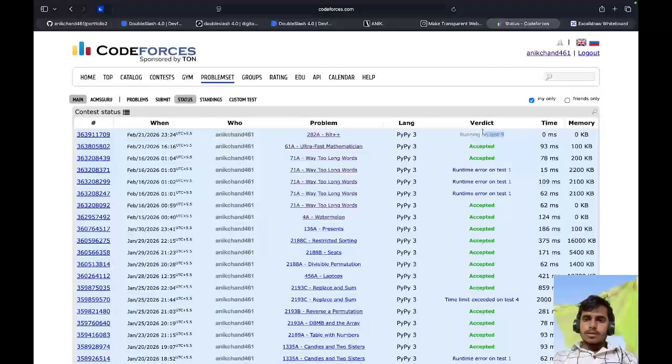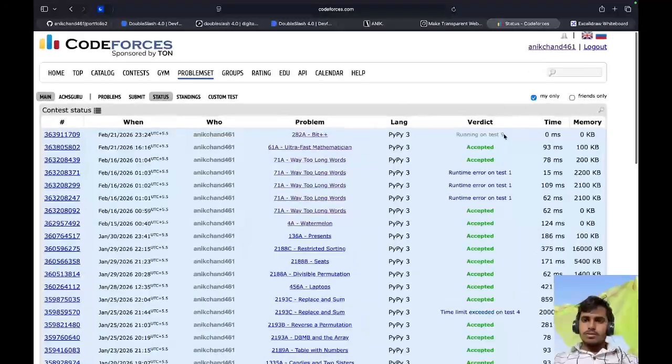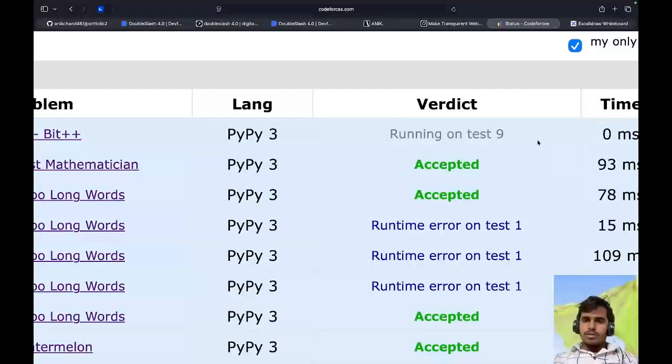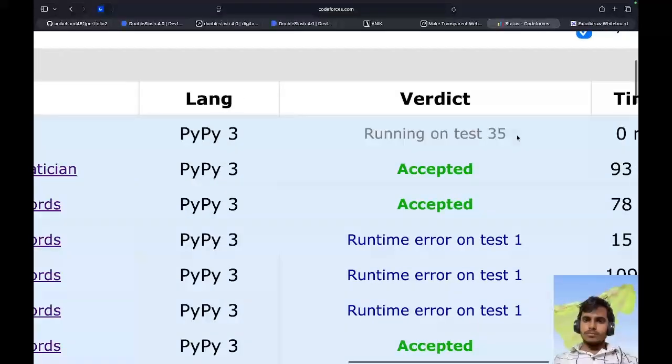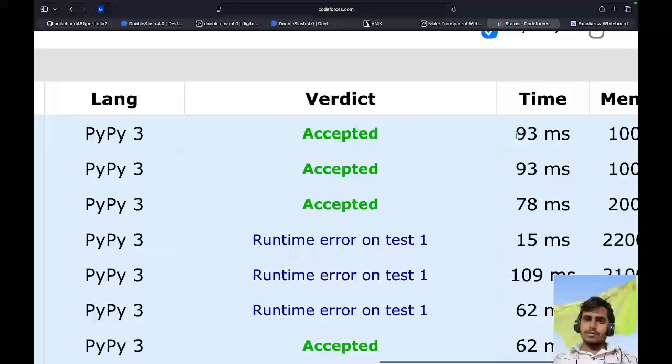Running on test case 9, 12, 35, accepted.